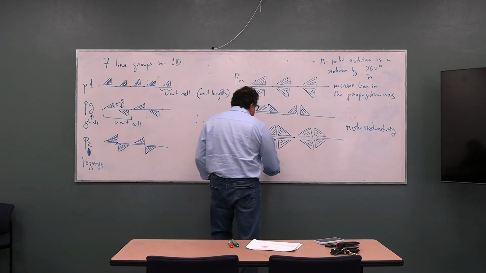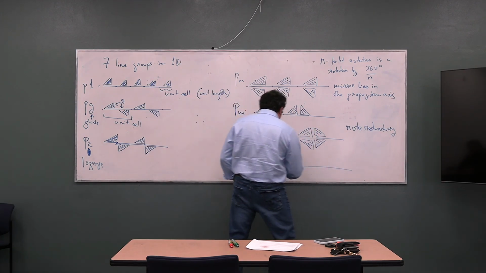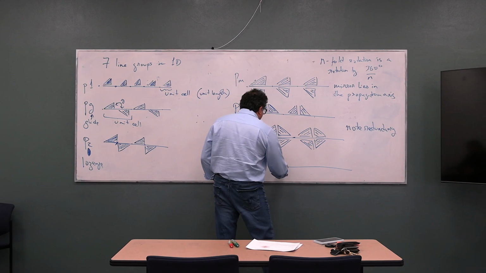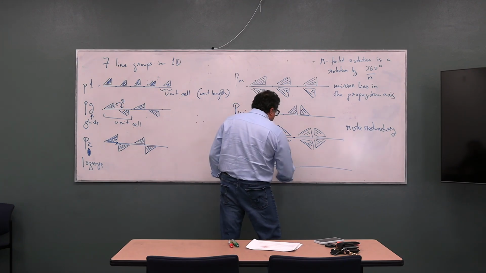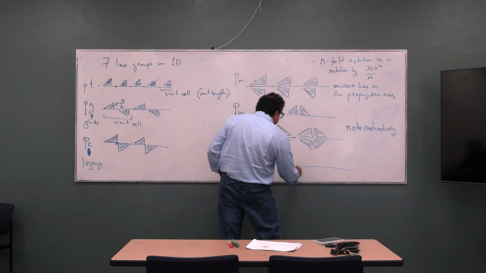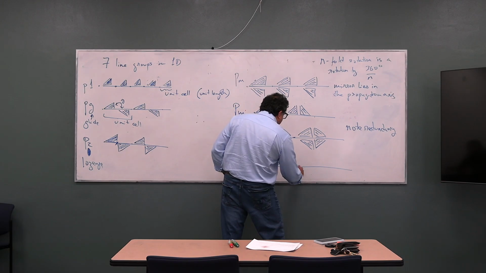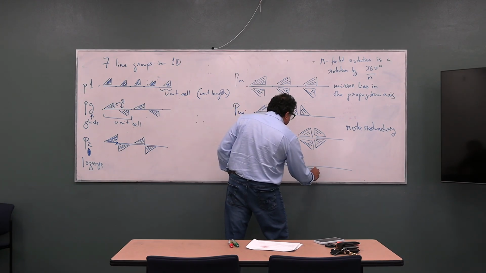P2MG, and P2MG looks like this. Here's this object. Here's a mirror on this object. If I glide it, I take it here and flip it around, I get this object.